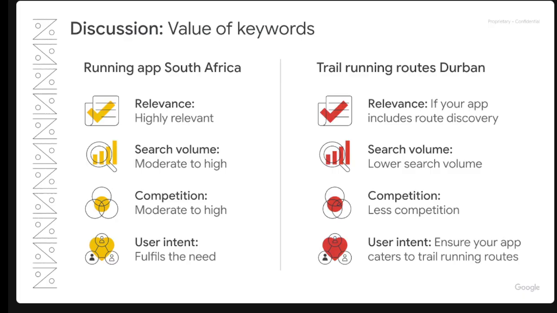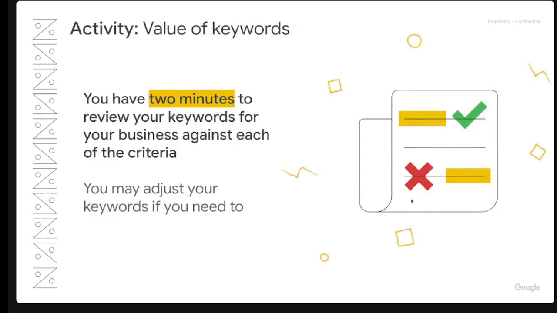And when it comes to competition, it's potentially less competition for this specific activity, and it's very location specific as well. And in terms of users, the users of this app want to find trail running routes in Durban, so the app would cater towards this need. So thank you again for participating.